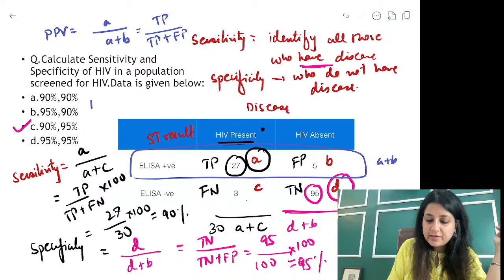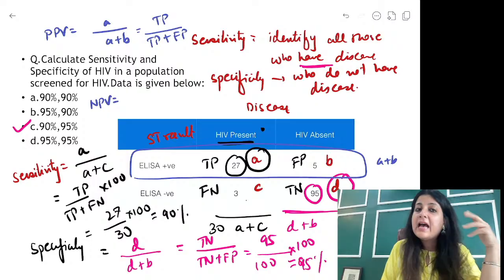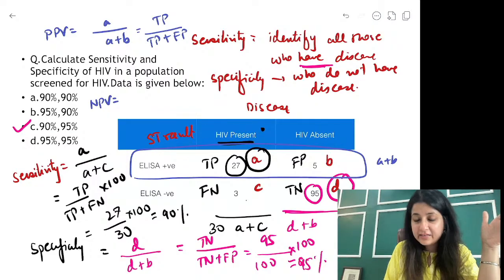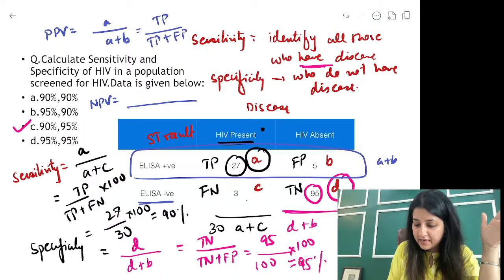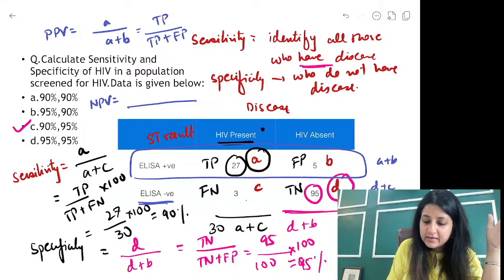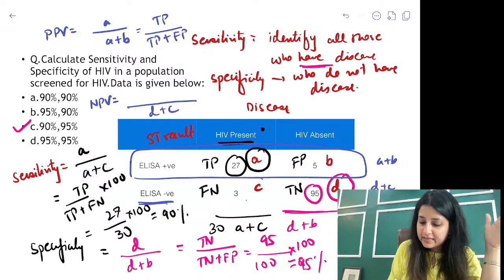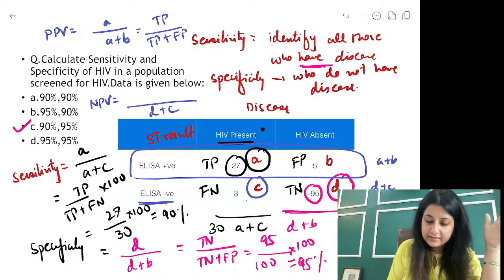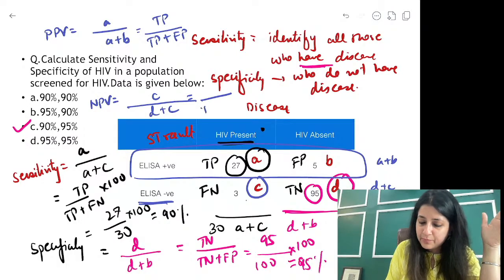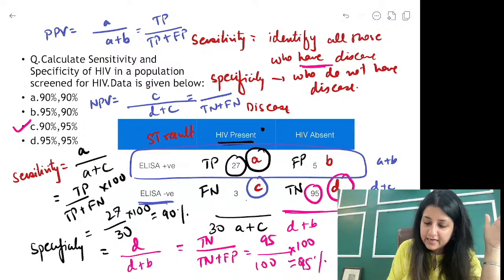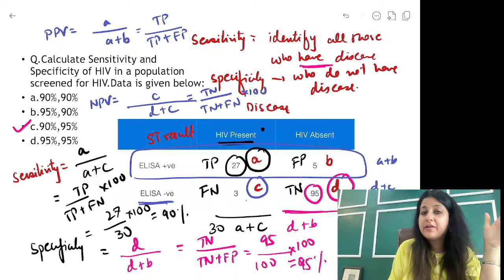Okay? What about negative predictive value, guys? Out of all those tested negative by a screening test. So how many have been tested negative by a screening test? As you can see, D plus C. So out of them, how many have this thing? It is C. So that is how much this comes out to be. TN plus FN, out of that TN into 100.